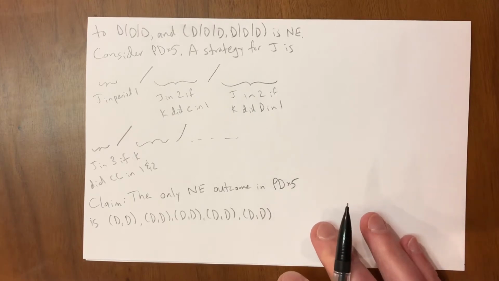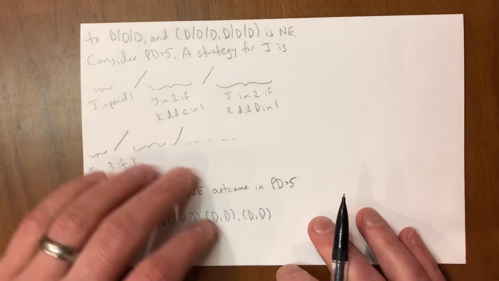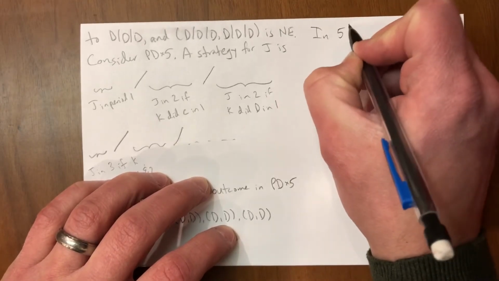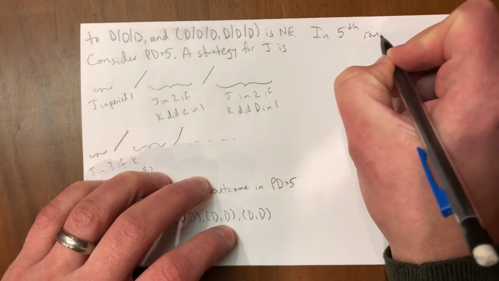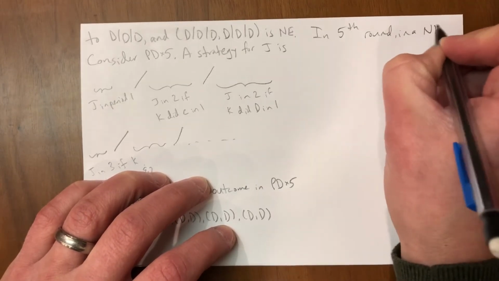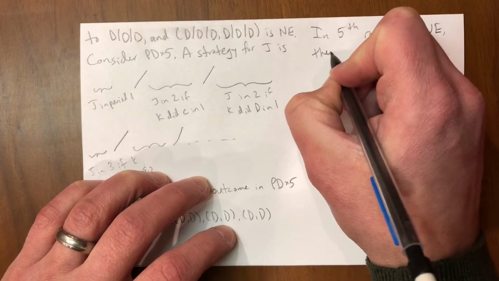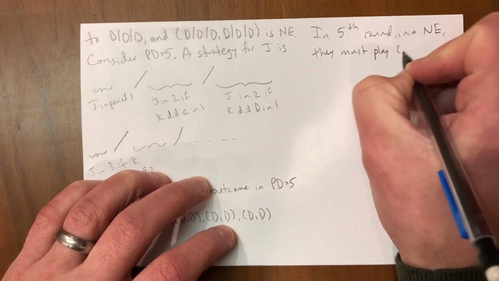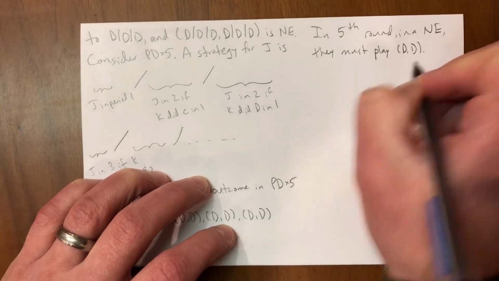So here's the idea. In the 5th round, in a Nash equilibrium, they must play DD, right?